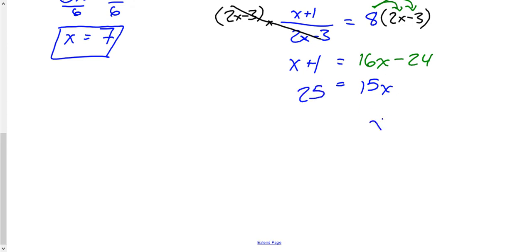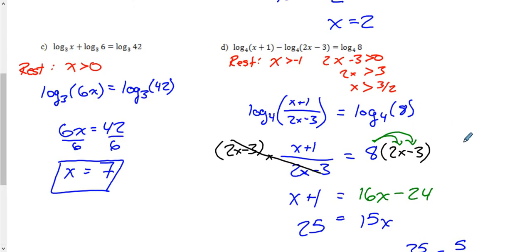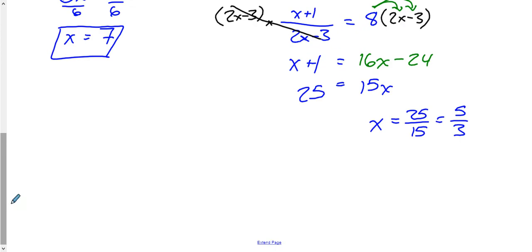Isolating for x, x has to be equal to 25 over 15 because I divided both sides by 15, which is the same thing as a reduced fraction of 5 over 3. And 5 over 3 is definitely bigger than -1, and it's going to be bigger than 1.5 or 3 halves there. So there we go. This is our solution, 5 over 3.